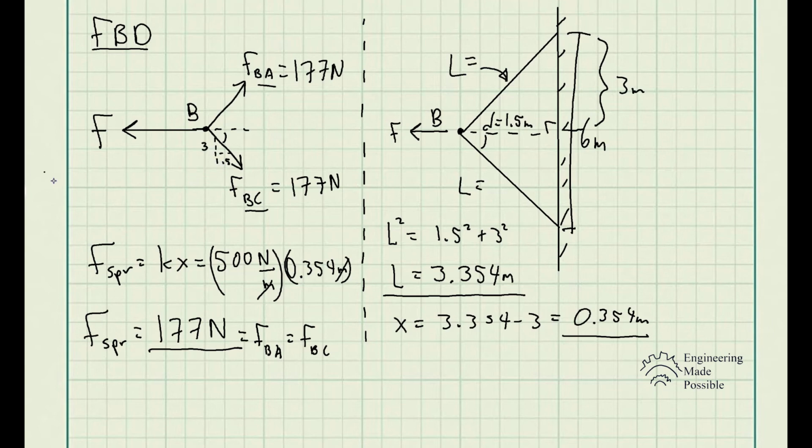Just to give you a better idea, SOHCAHTOA: sine theta is equal to opposite over hypotenuse. So instead of going with opposite over hypotenuse and doing the inverse sine to solve for theta, you could just use this ratio here, which is exactly what I'm drawing out.